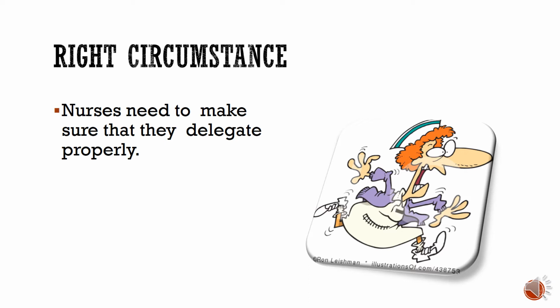So just for instance, if you had a nurse come to your floor that doesn't usually work there, she was just pulled, yet you had a patient that is critical, I don't think that we're going to want to delegate this patient's care to this nurse that's been pulled, because it's not the right circumstance. They're not used to this type of nursing.